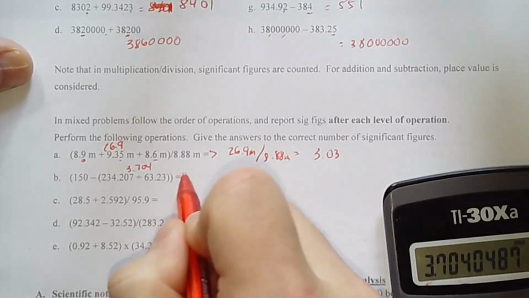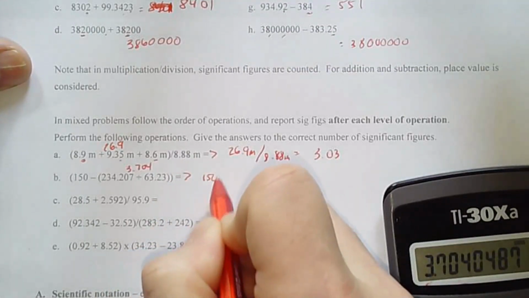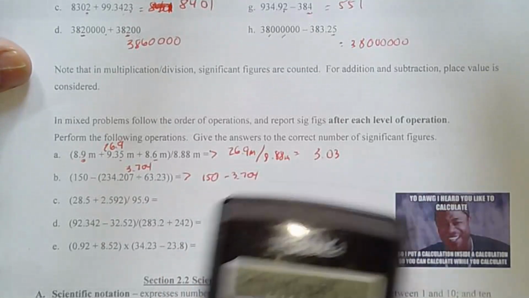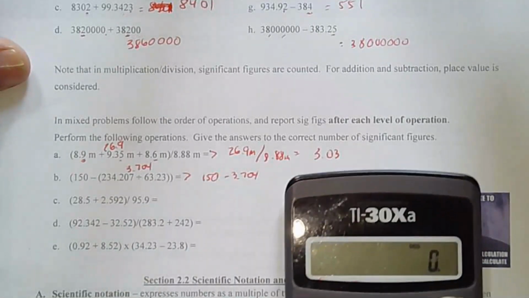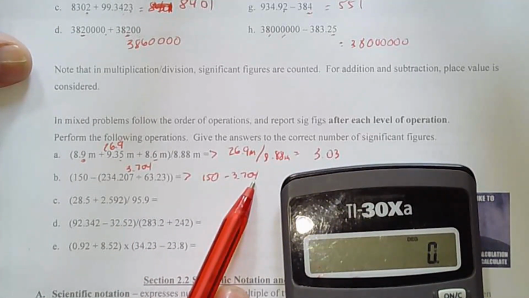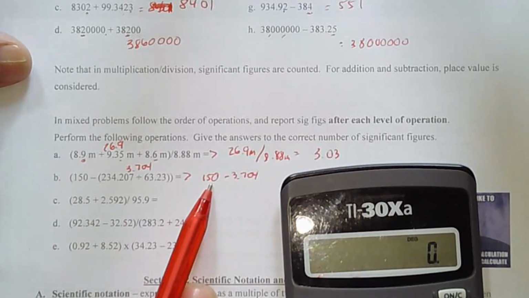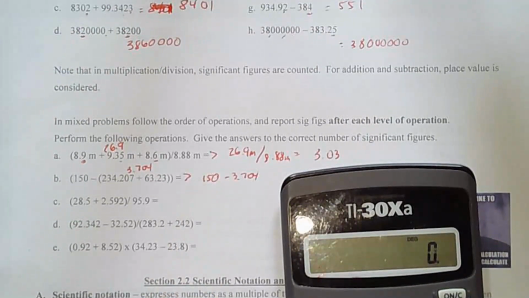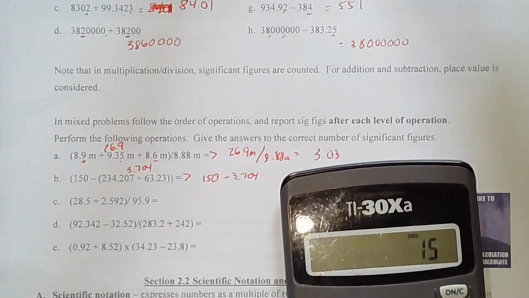Now, this basically becomes 150 minus 3.704. Shifting gears, now we're doing subtraction. This number is accurate to the thousandth place. This number here, as written, is only accurate to the nearest 10. So when we do the subtraction, we have to round it to the nearest 10.